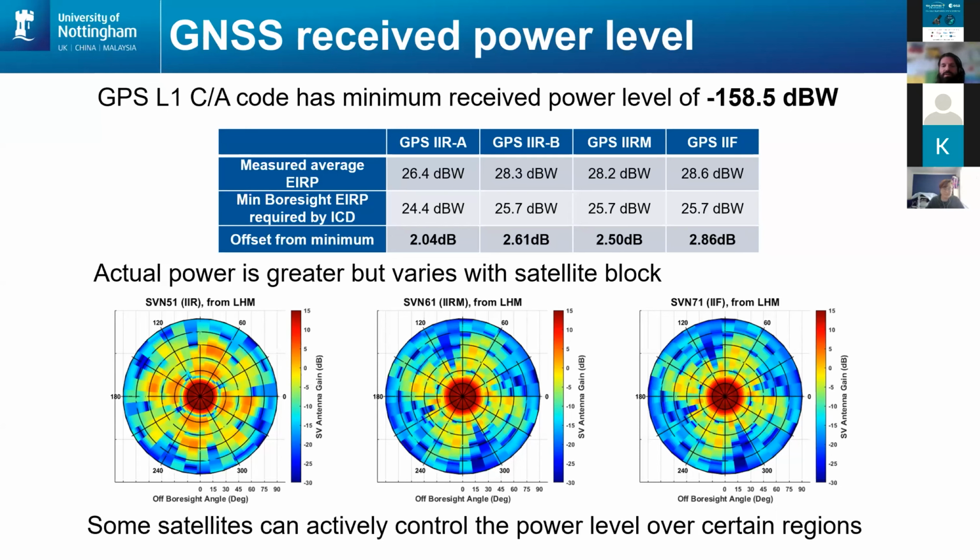So in terms of knowing what the power level is at the receiver, which is what we care about with reflectometry, both the direct and the reflected, we have variation across blocks, variation across systems, and the azimuth of the satellite and things like that can affect us.